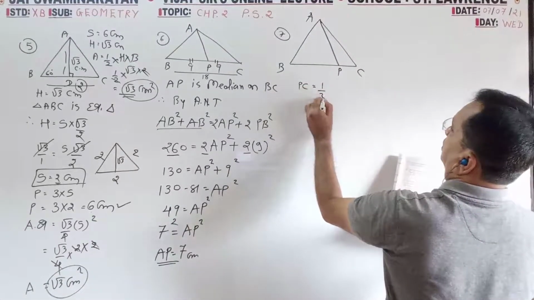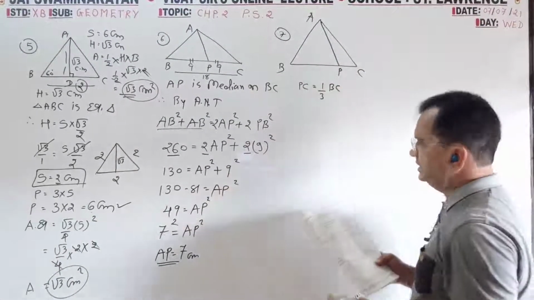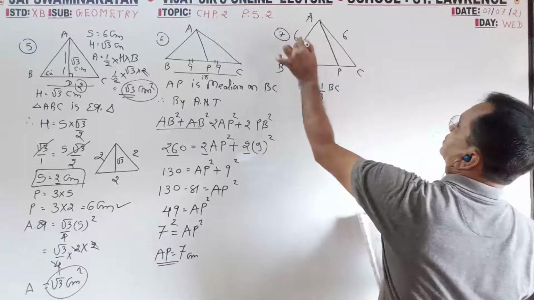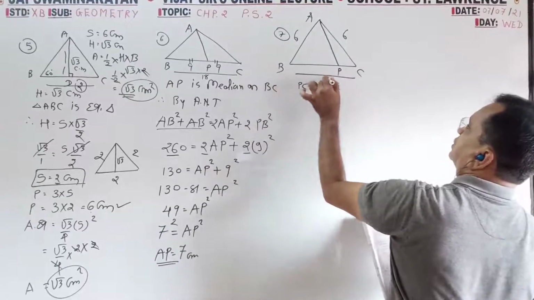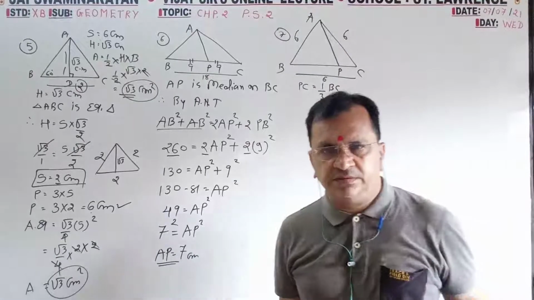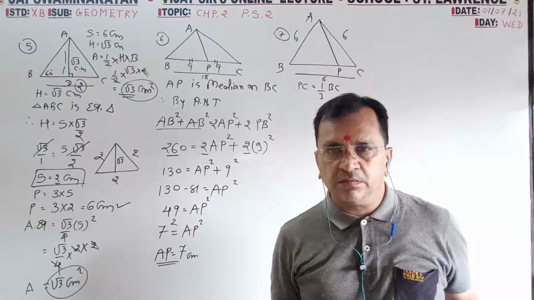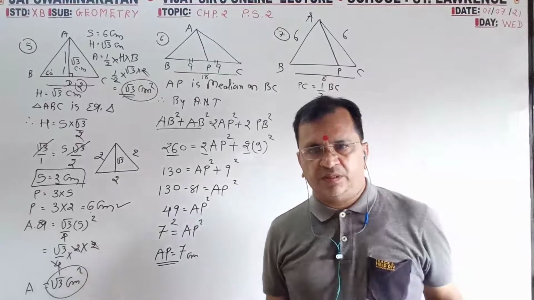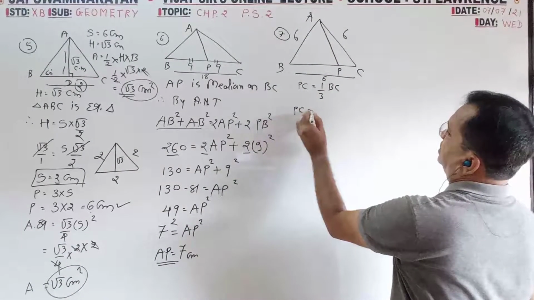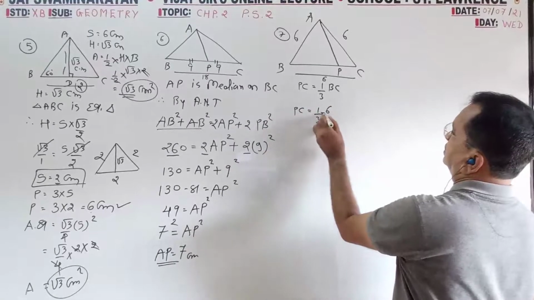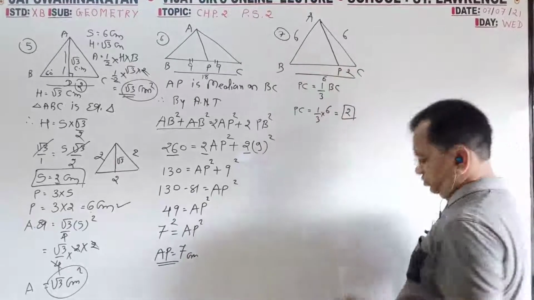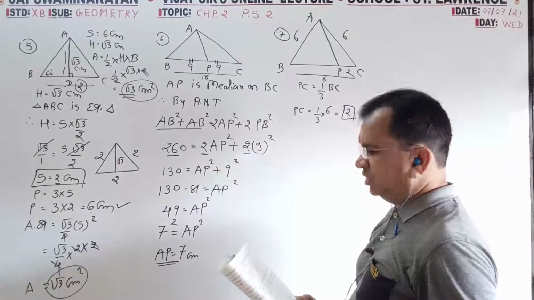And AB is equal to 6. This is also 6. This total also 6. And PC is 1/3, so PC is equal to 1/3 of 6, is equal to 2. This is 2. Find AP.